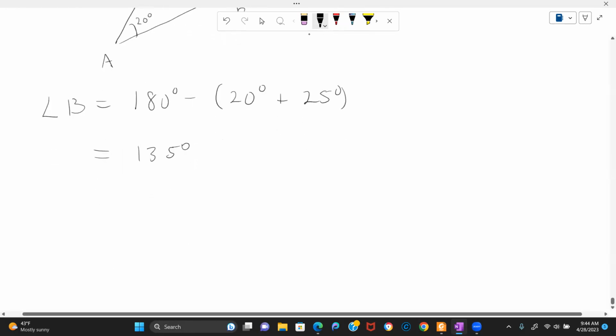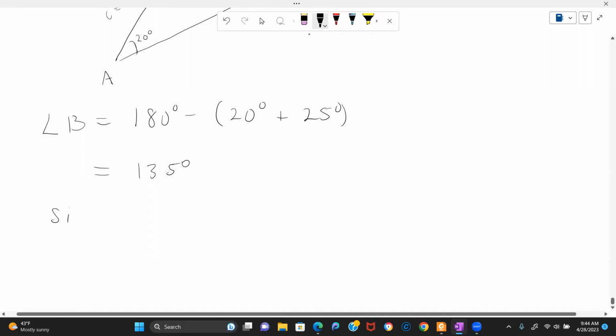All right, so now let's write down the law of sines and figure out how it can help us to solve for the other sides.